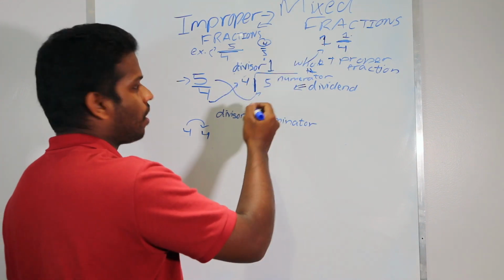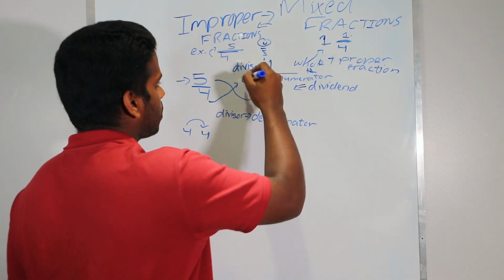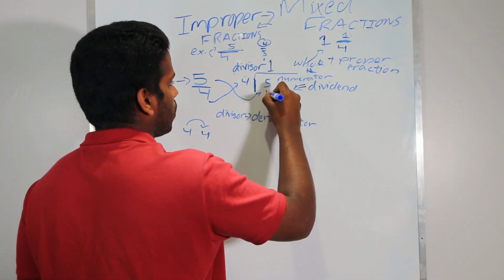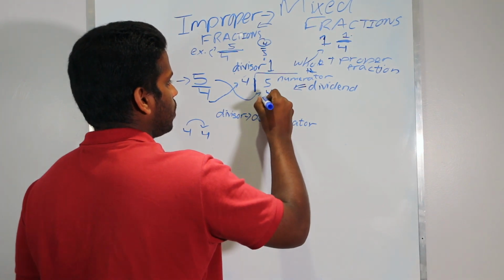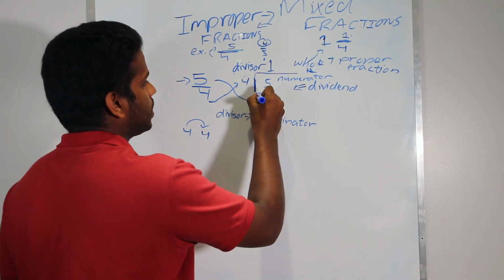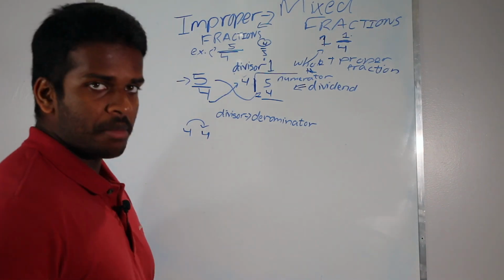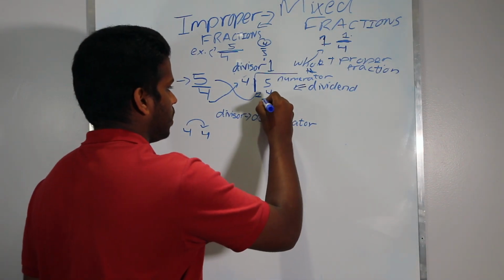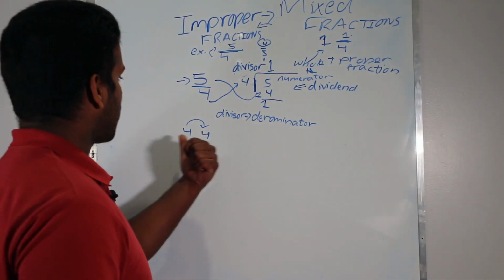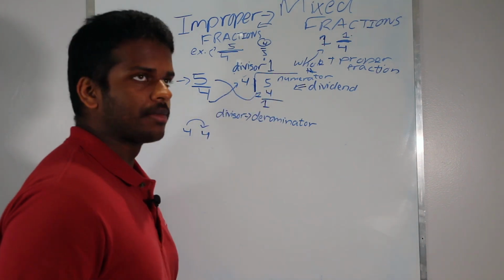So we do what we do in all long division problems. 4 times 1 is 4. Then we subtract here: 5 minus 4 is 1. And then how many times can 4 go into 1?